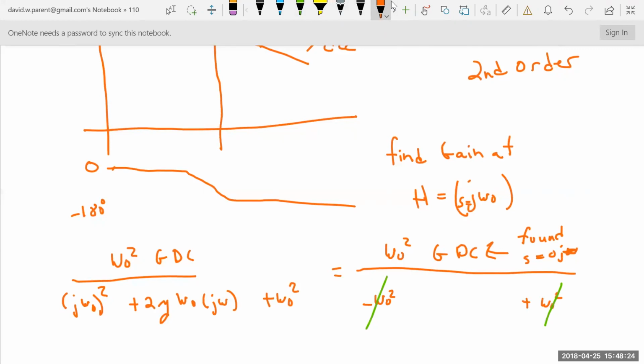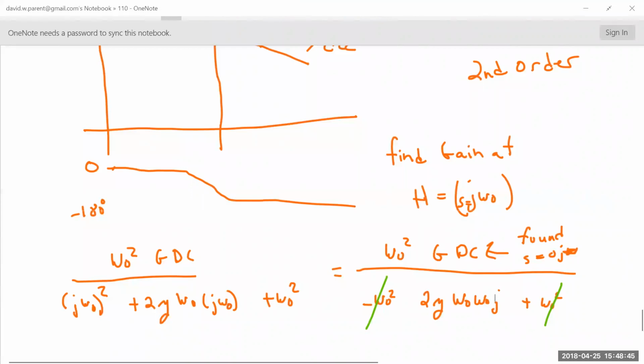Then we have 2 damping coefficient omega naught times omega naught, but the j is still there. What does that imply?